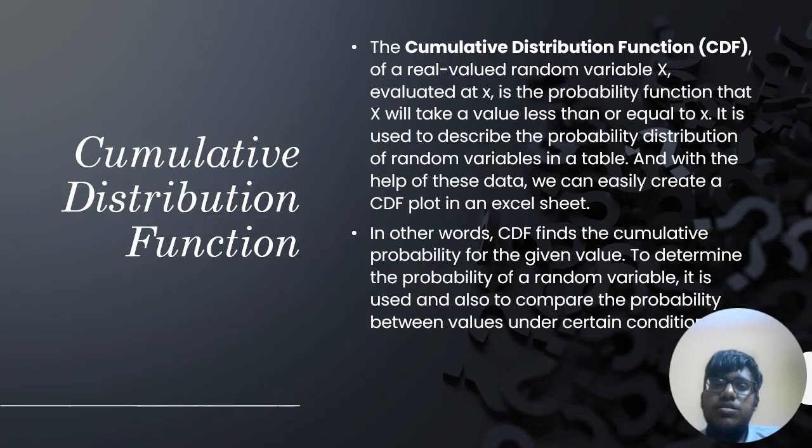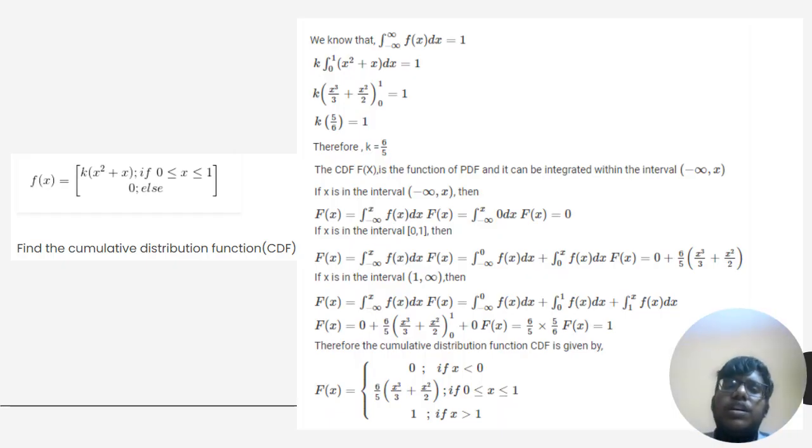As an example for the cumulative distribution function, the question reads: f(x) = k(x squared plus x) if 0 is less than or equal to x, which is less than or equal to 1, or 0 otherwise.